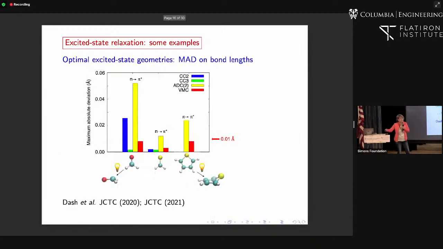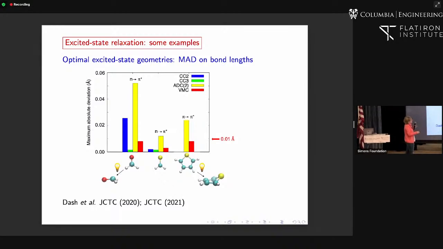So here are some, again, small examples. Here what I'm showing is the mean absolute deviation for the bond length of three molecules which we excite and then allow to relax. Okay, so formaldehyde buckles, thioformaldehyde just lengthens, and thiophene is actually buckling out of the plane. Okay, so what I'm showing, I'm comparing to CASPT2.